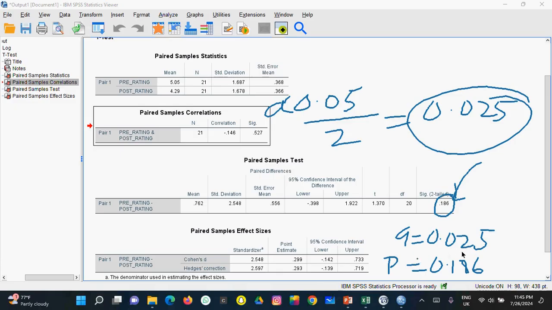Alpha is less than p-value, meaning that p-value is greater than alpha.